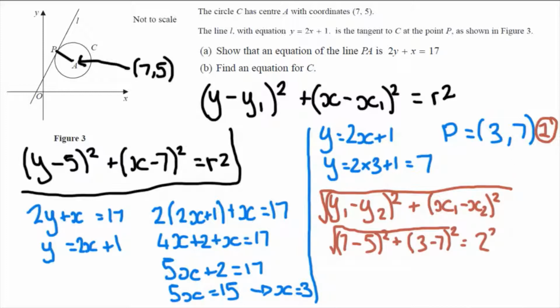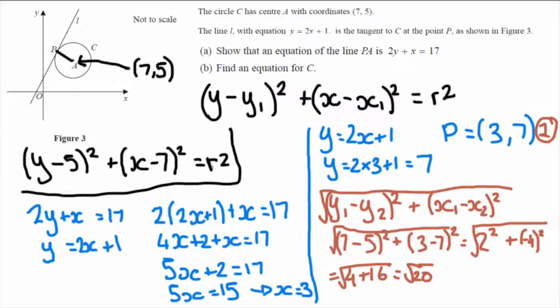So we get 2 squared plus 3 minus 7 is minus 4 squared, square root. So that's 4 plus 16, which is the square root of 20. So we found out that our radius is the square root of 20.